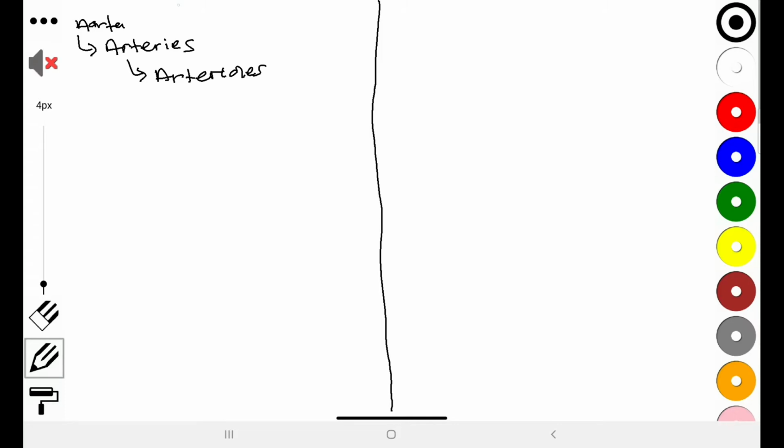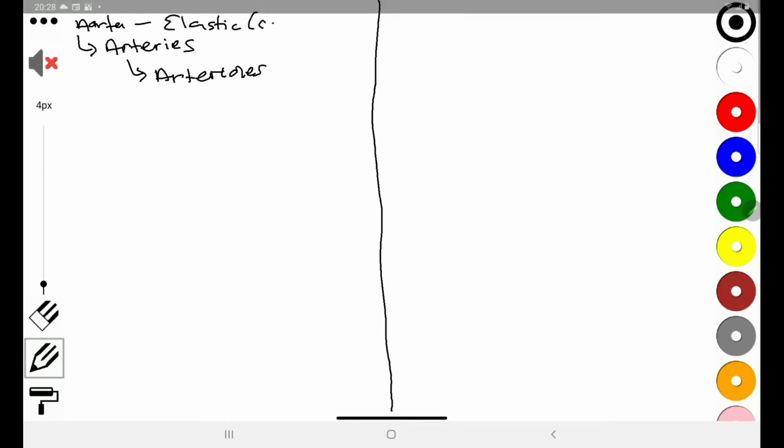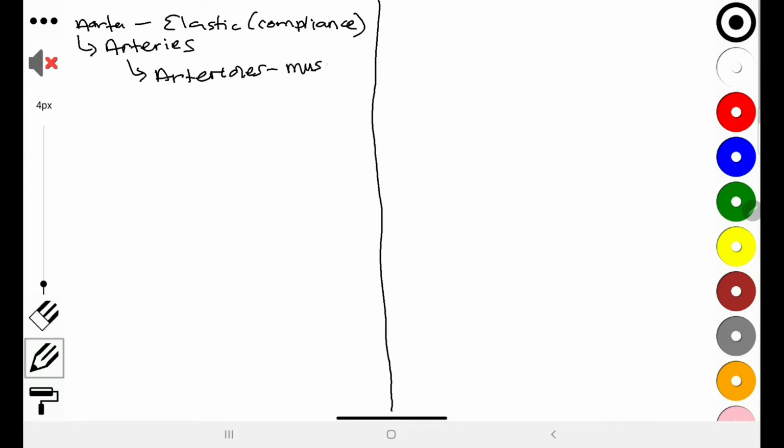One thing that you must know is that the aorta is highly elastic, and so you're talking about compliance mostly, which is as a result of distension. So how compliant is it to keeping the blood that is coming in? As you go down, you need to know that there's a lot of muscle here, so you are speaking of resistance.